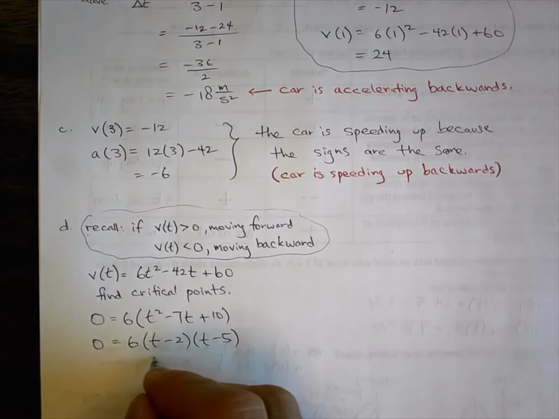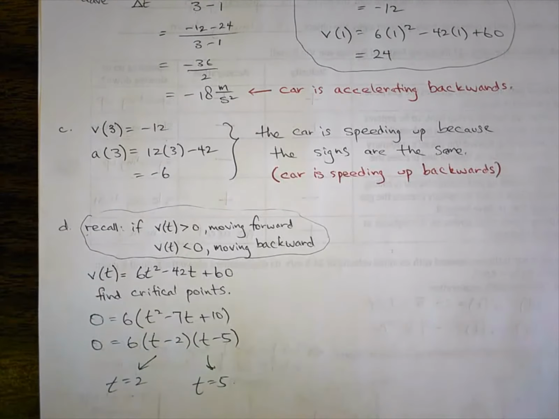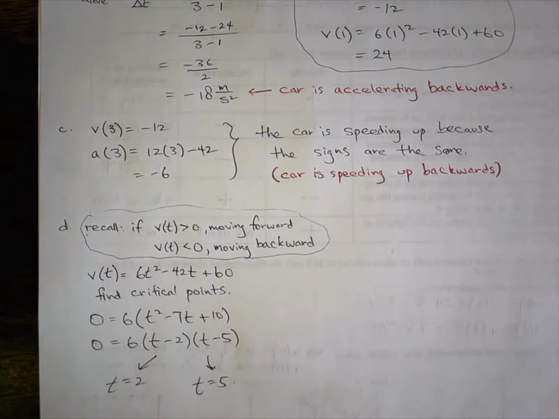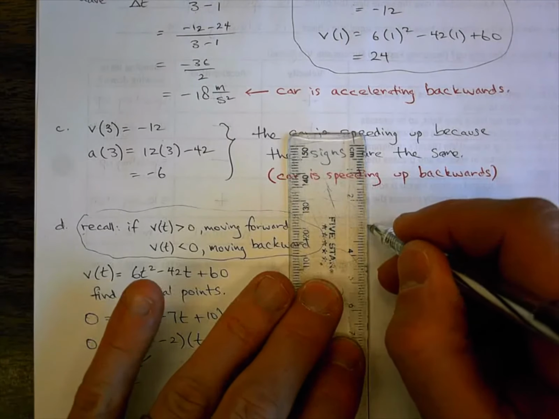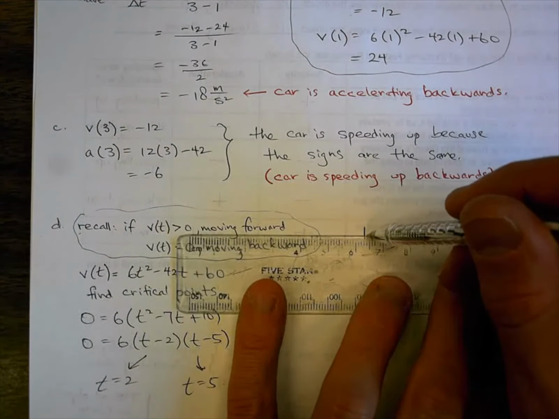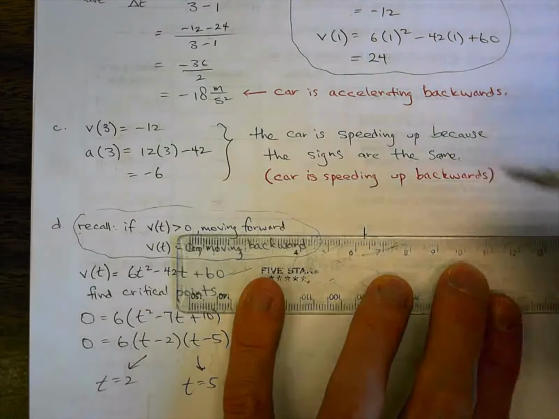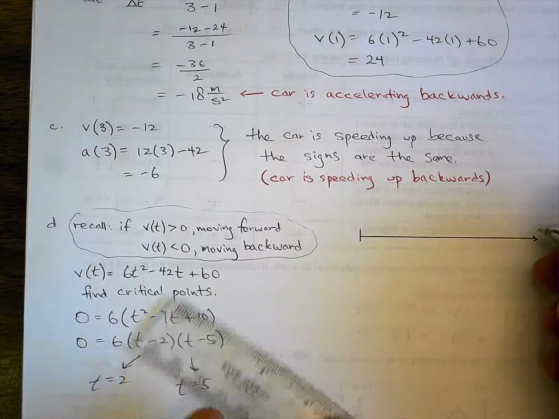So now I have two critical points, I have t equals 2 and t equals 5. So if I want to know the sign of this function, I can make a sign diagram. And remember, this is very similar to the curve sketching. This is why we do this after the curve sketching unit. It has a lot in common with the curve sketching unit.